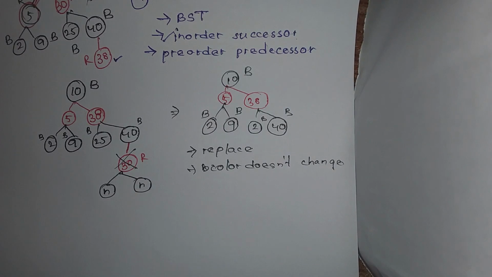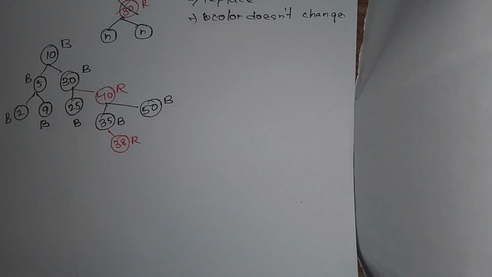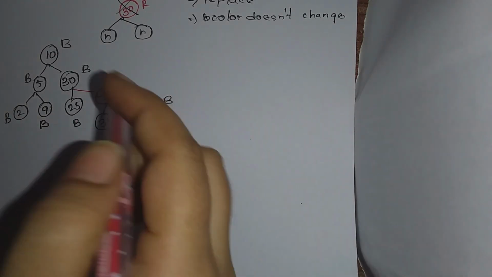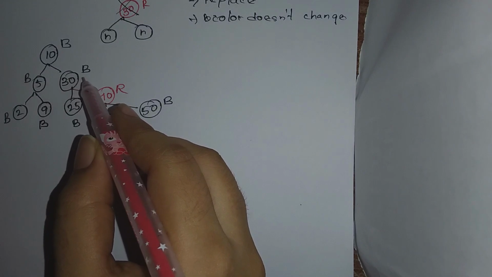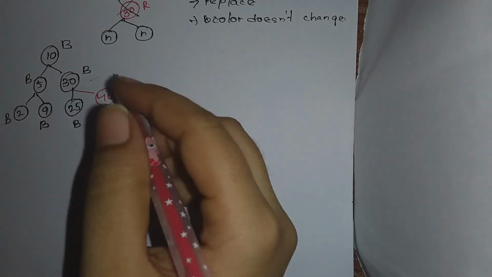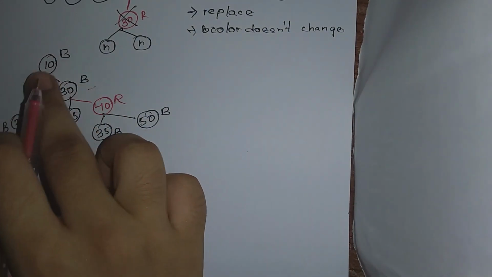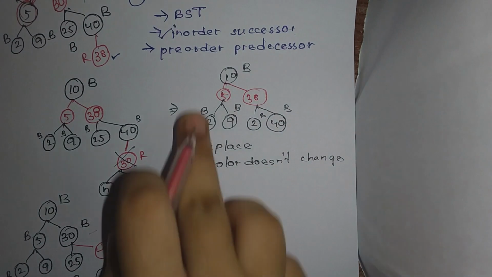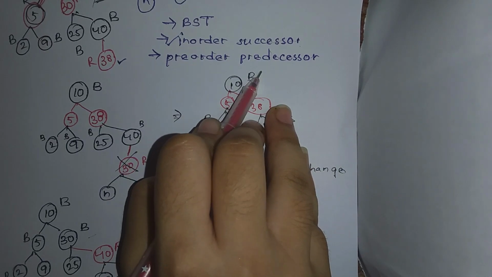Consider this example. If we are going to delete 30, we can take either the in order predecessor, successor or pre-order predecessor.